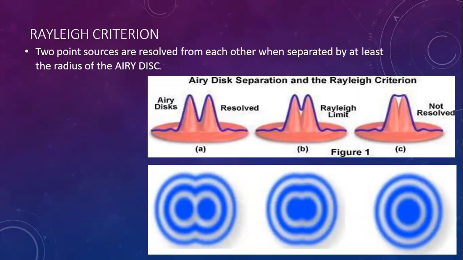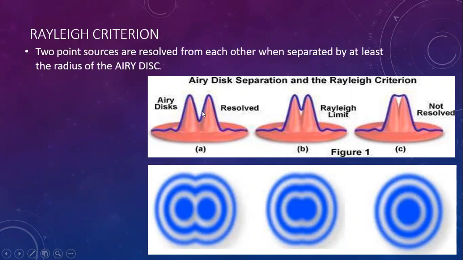Rayleigh criteria. Two point sources are resolved from each other when they are separated by at least the radius of the Airy disk. Unless there are Airy disk formations there, they cannot be resolved as two objects. Here you see this is not resolvable.